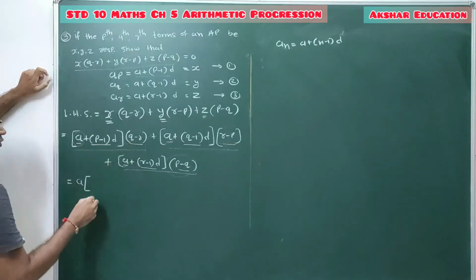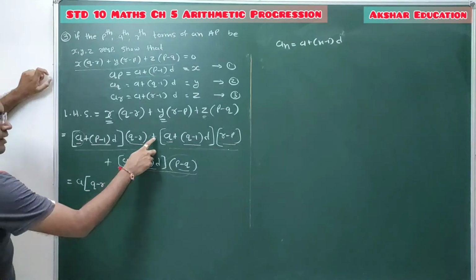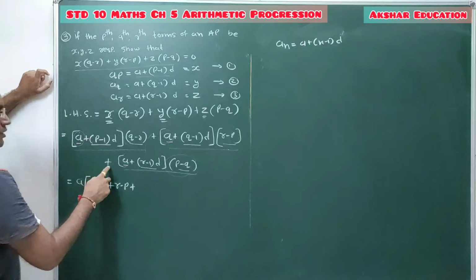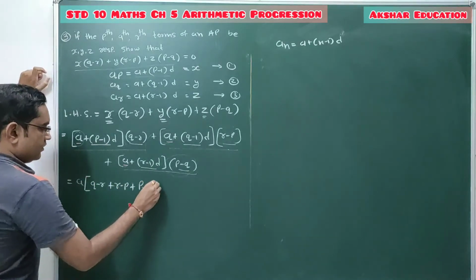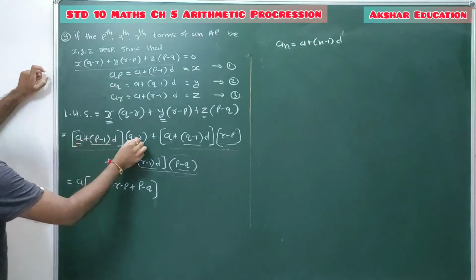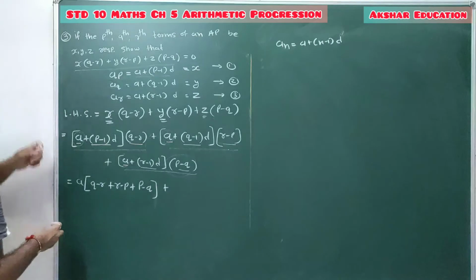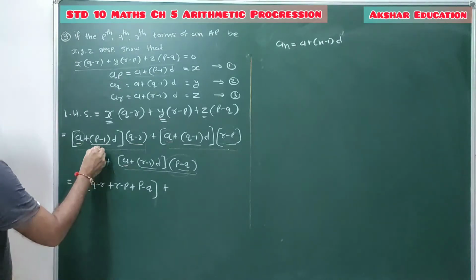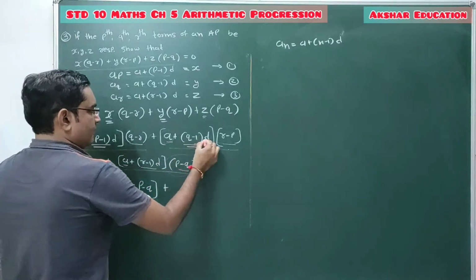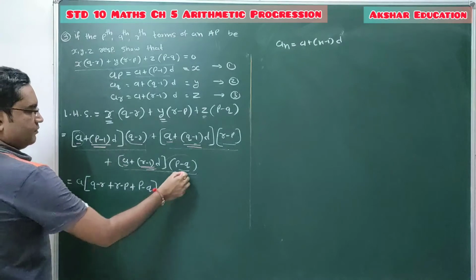and it's a into (q minus r) plus (r minus p) plus (p minus q). Clear? This is the multiplication of this first term with this entire bracket. Plus, you have to multiply this second bracket with this (q minus r), this second bracket with this (r minus p), and this (r minus 1) with this (p minus q).